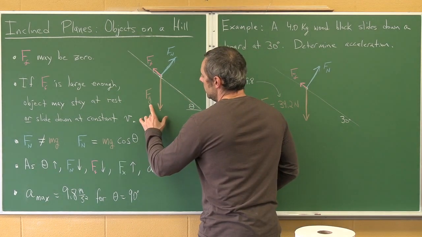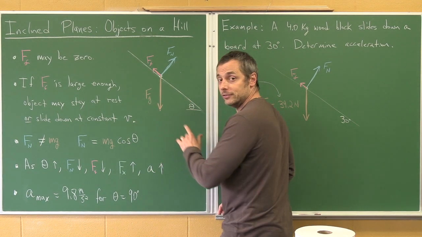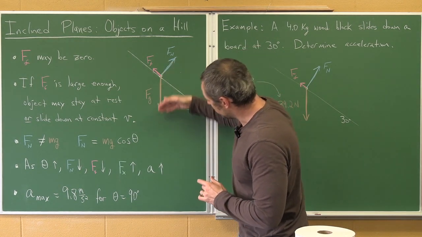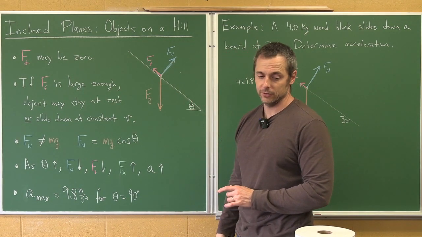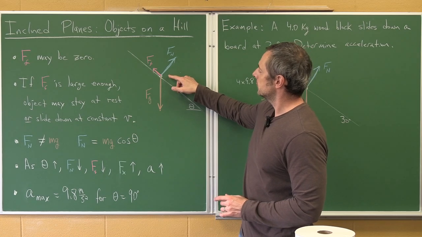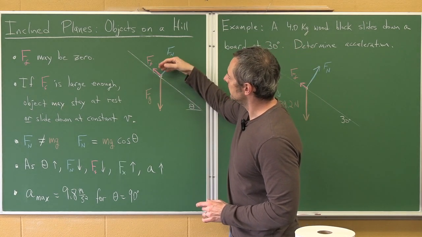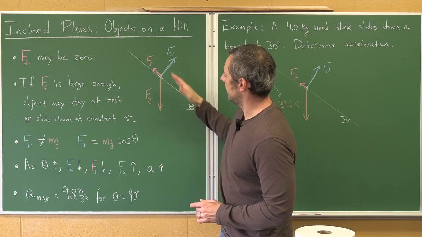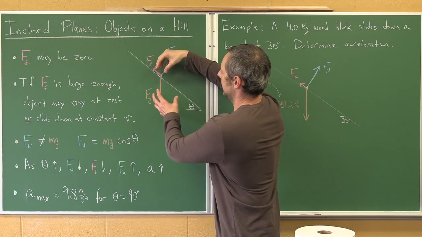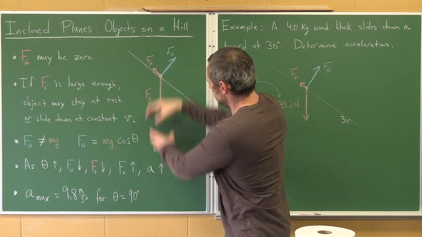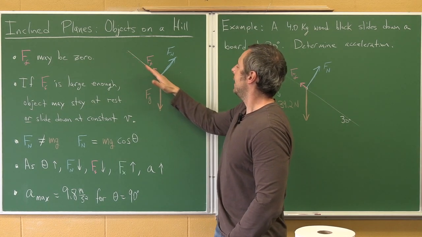Here we have the force of gravity, like always, it's mass times 9.8 straight down toward the center of the earth. The normal force is here to prevent this block from breaking through the board. If I put a really weak board and maybe put 1,000 pounds on it, the board would snap and it would just fall right through. But the board has integrity.